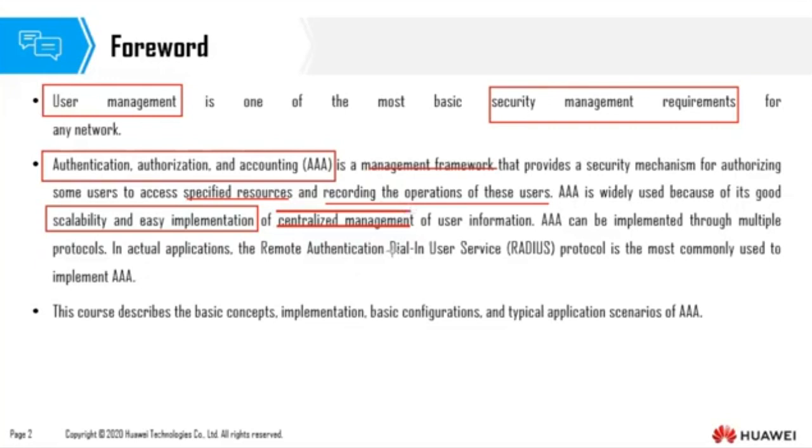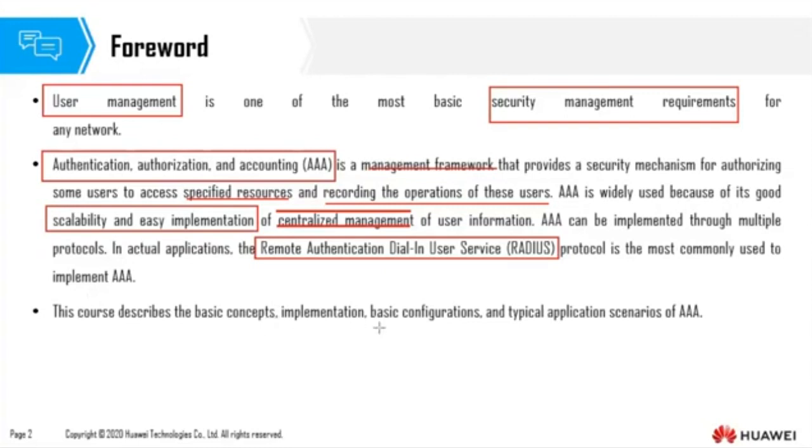So you have a AAA server which can store the user information and perform authentication, authorization, and accounting. AAA can be implemented through multiple protocols, but in actual applications, the Remote Authentication Dial-In User Service, commonly referred to as the Radius protocol, is the most commonly used to implement AAA.